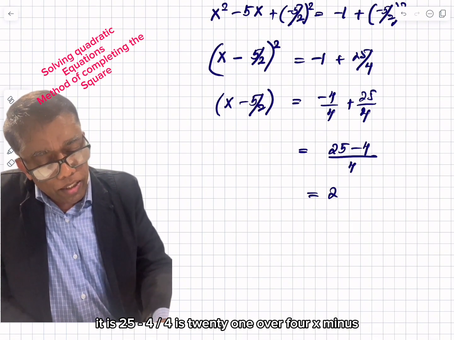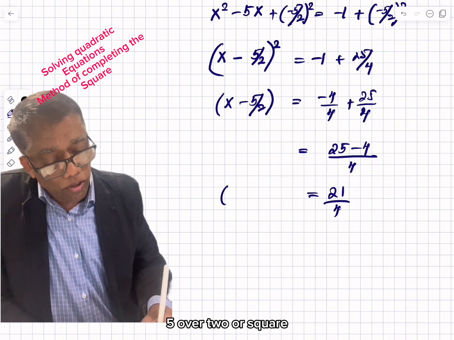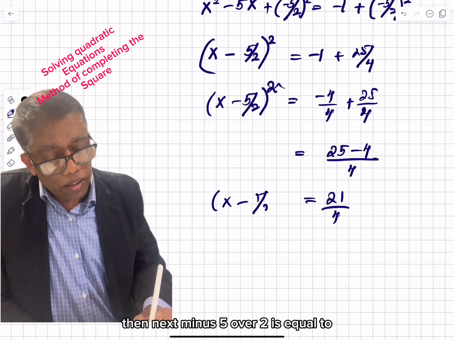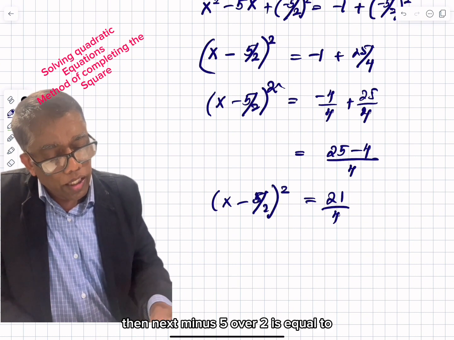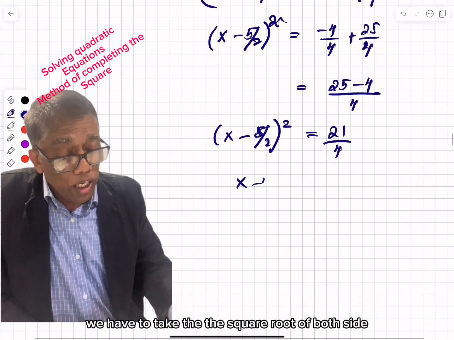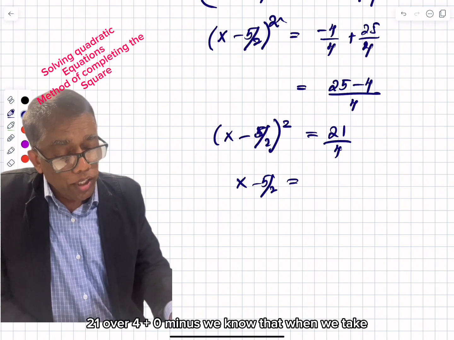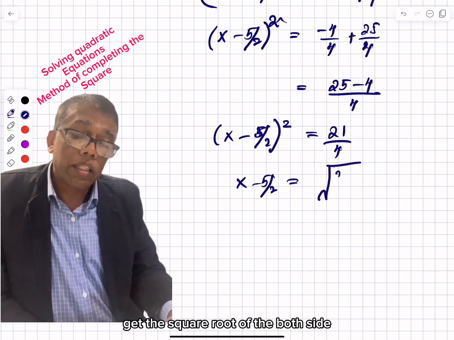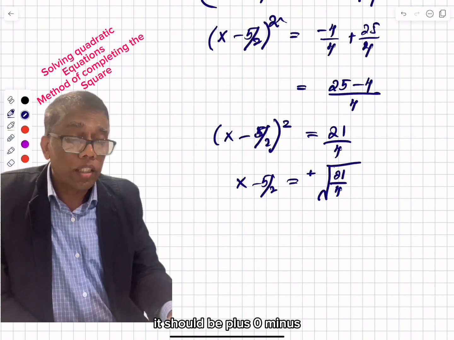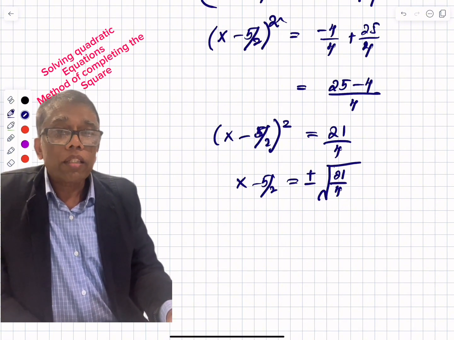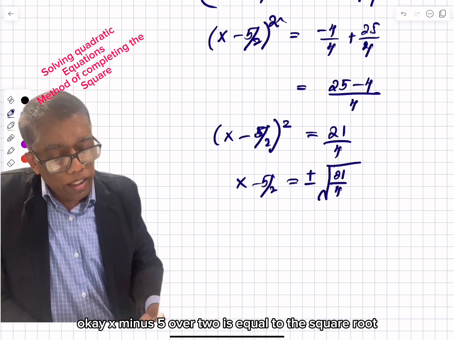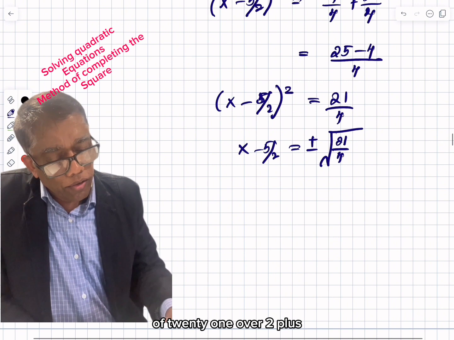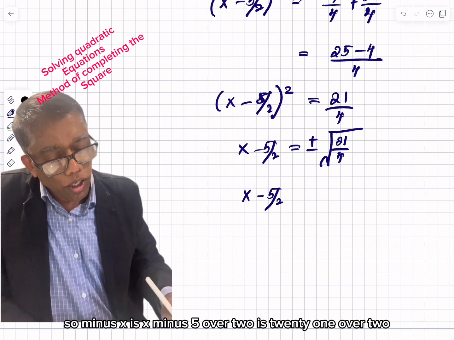So x minus 5 over 2 whole square is 21 over 4. Then we have to take the square root of both sides, plus or minus. We know that when we take the square root of both sides, it should be plus or minus. Okay, x minus 5 over 2 is equal to plus or minus square root of 21 over 2.